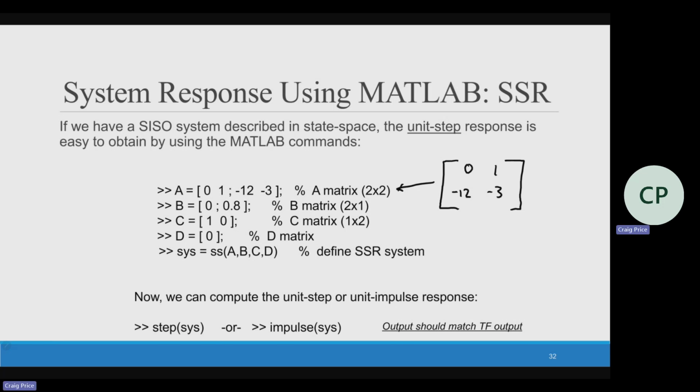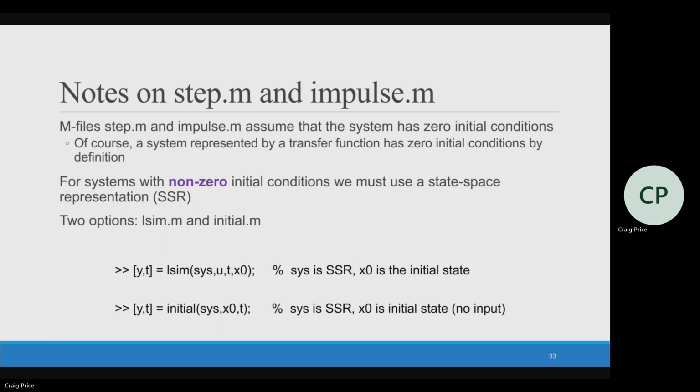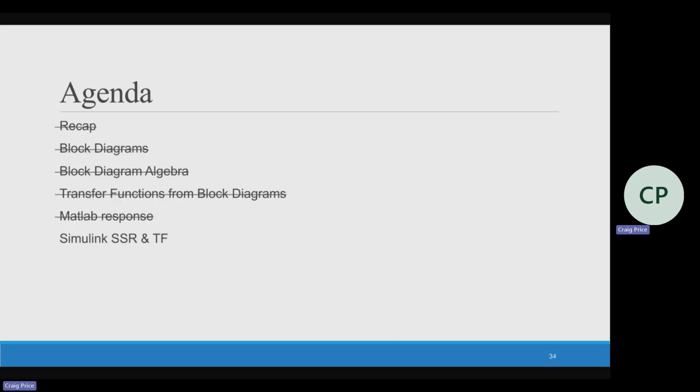So that's how an SSR is inputted. And I'm not going to cover this. If we had initial conditions, that gets a little bit complicated, but there is a way to include that. So you don't necessarily need to know that.